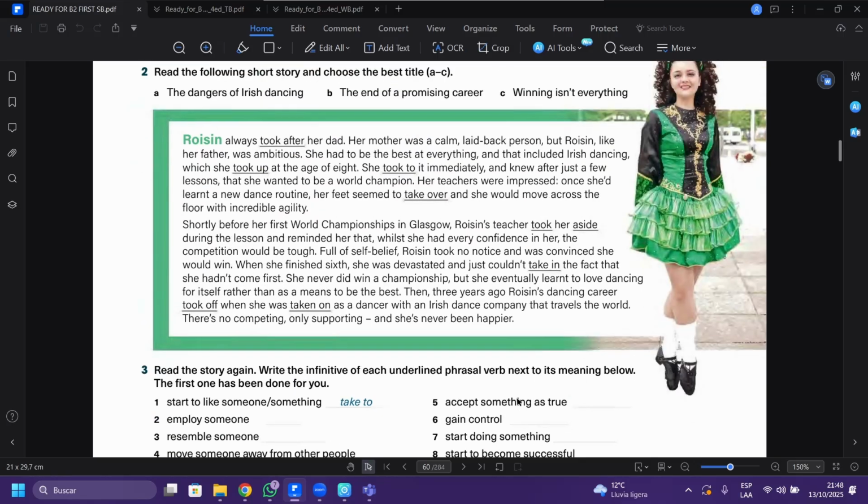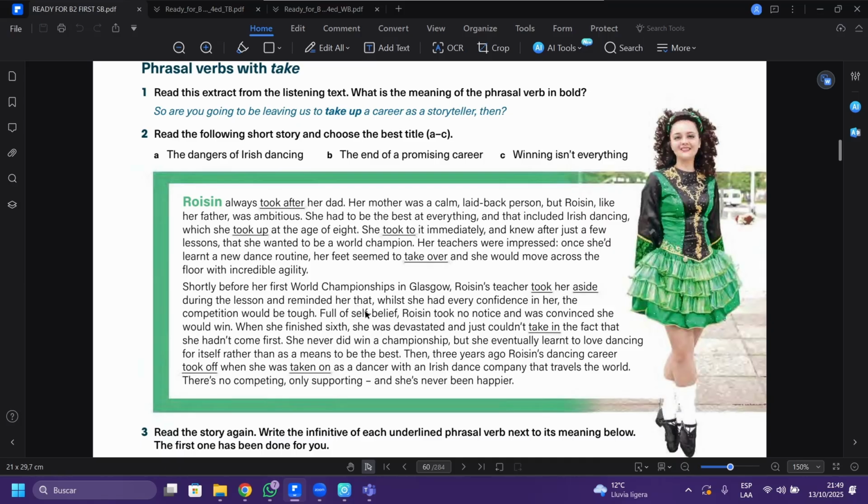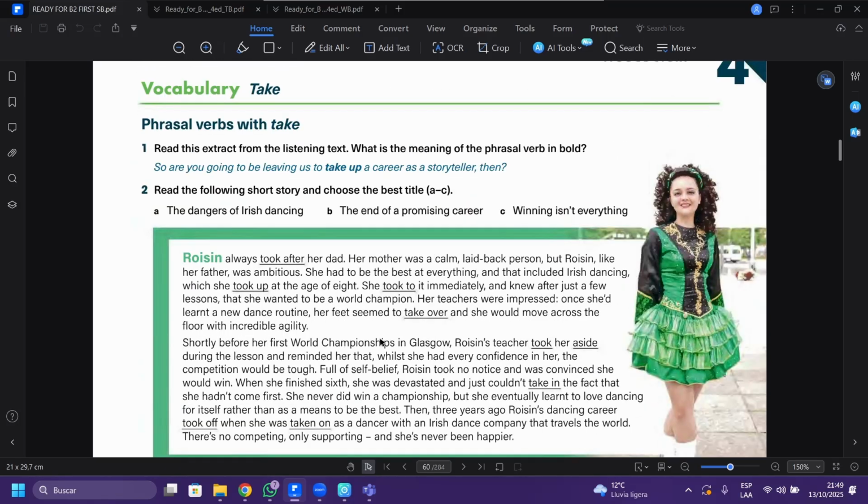To start to become successful. Yeah, that is take off. In Spanish, we can say this phrasal verb like despegar. Take off is like when you start becoming successful. For example, your career is taking off very quickly.